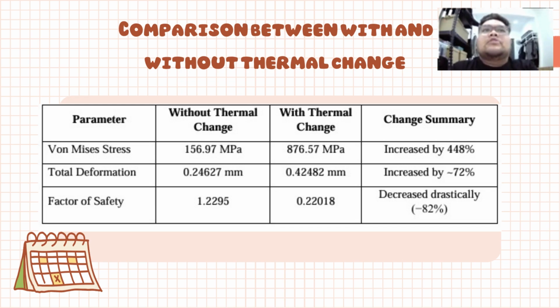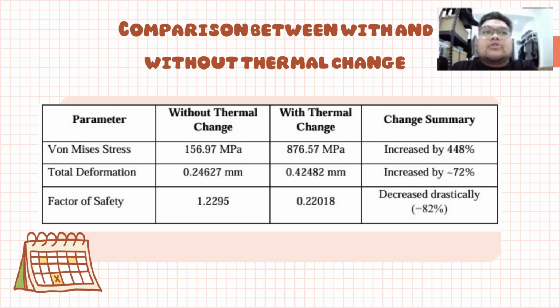This slide shows the comparison between with and without thermal change. For the von Mises stress, without thermal change, the value is 156.97 MPa, and with thermal change it is 876.57 MPa. So the summary is it increased by 448%.